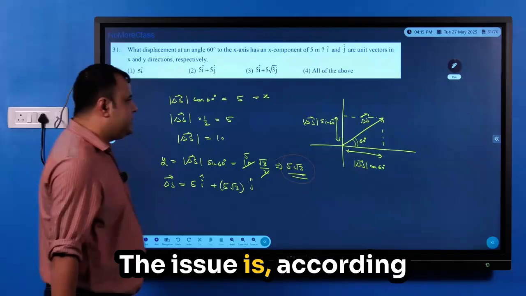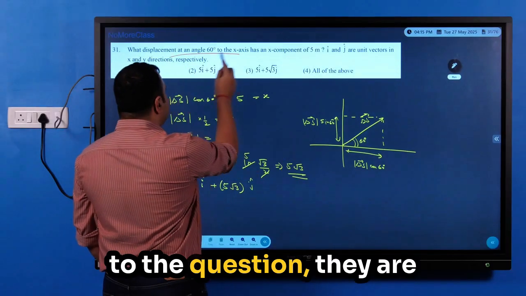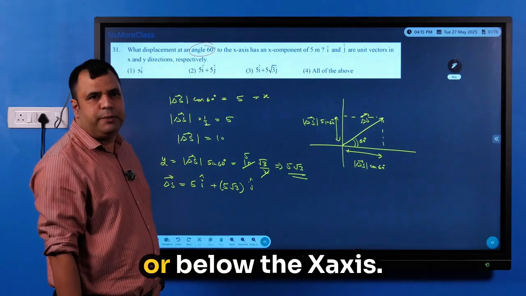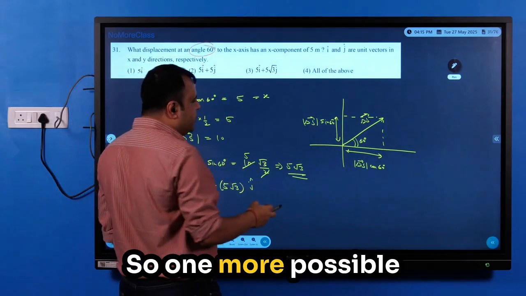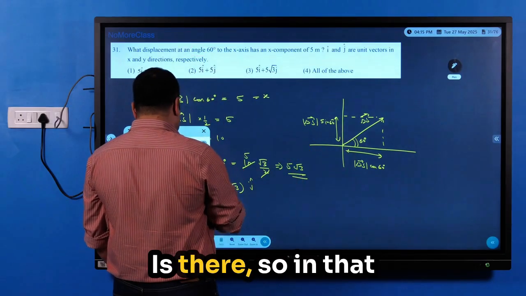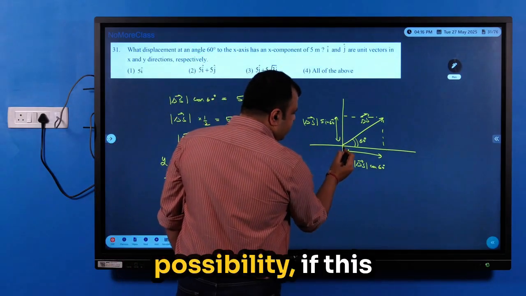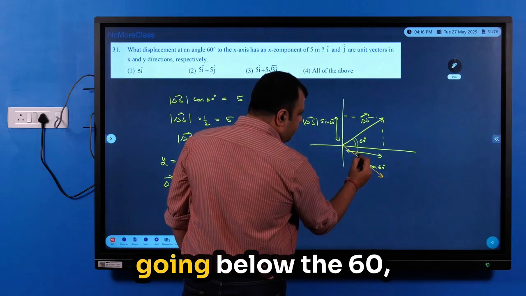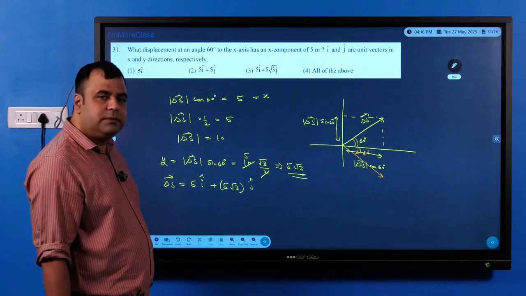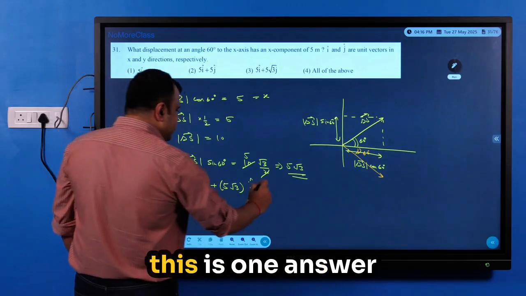Now the issue is, according to the question, they are not saying whether this angle 60 is above the x-axis or below the x-axis. So one more possibility is there. In that possibility, if this displacement is going below the x-axis by 60, this is one answer.